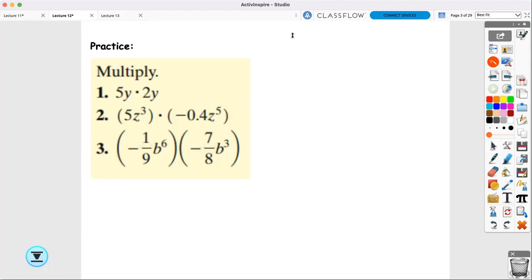Excellent, Brianna. Nice. Good job on multiplying the constants, guys, and adding the exponents. Anyone have any questions on number one? I'm going to write the answers since people don't see the chat on the video. So for number one, we got 10y squared, which is correct. Good job, everyone. Anyone need me to explain how we got it?